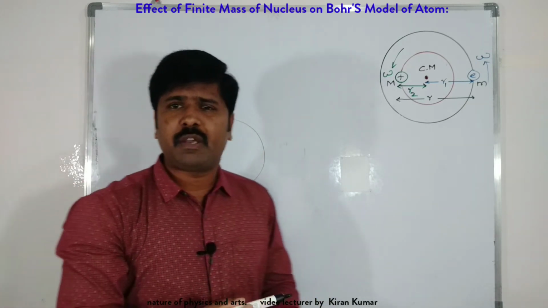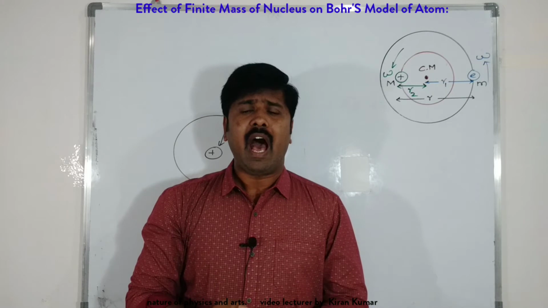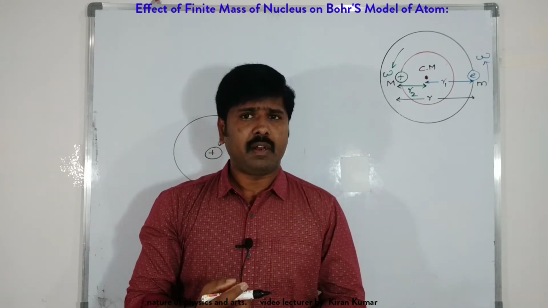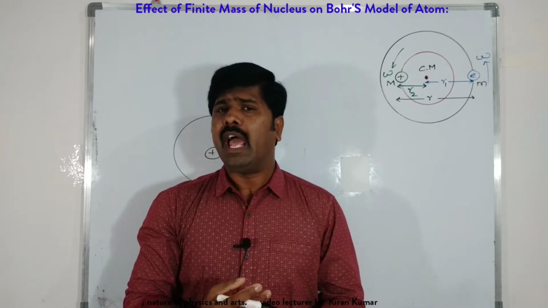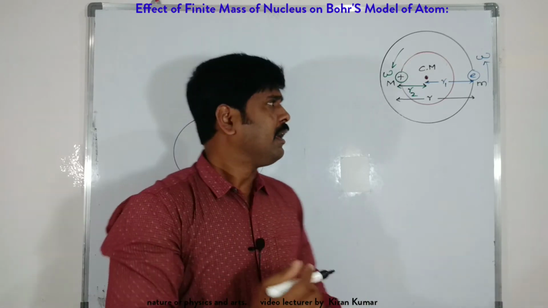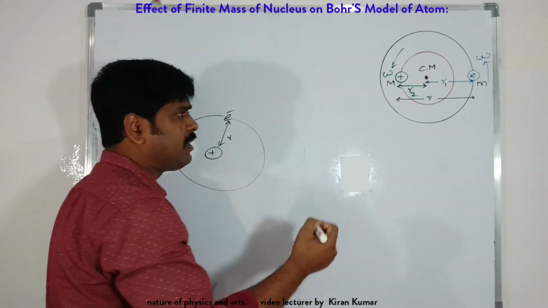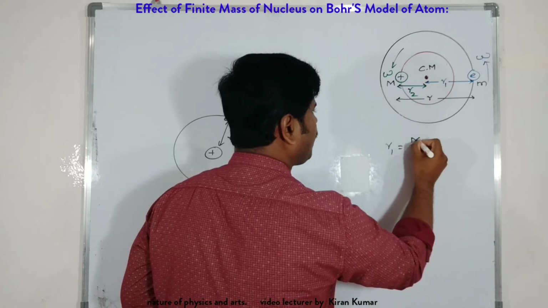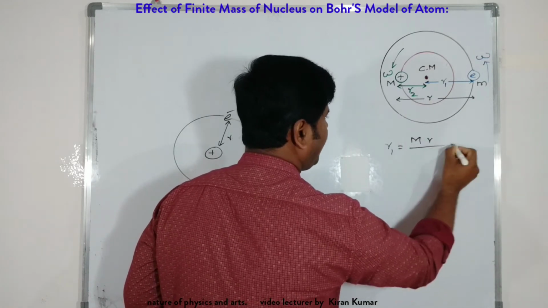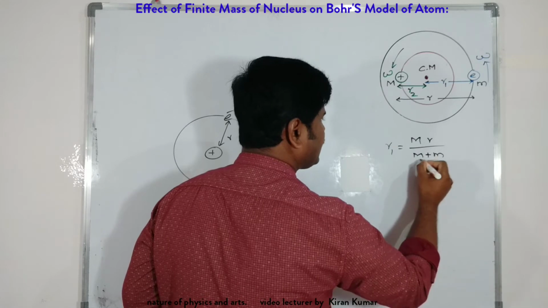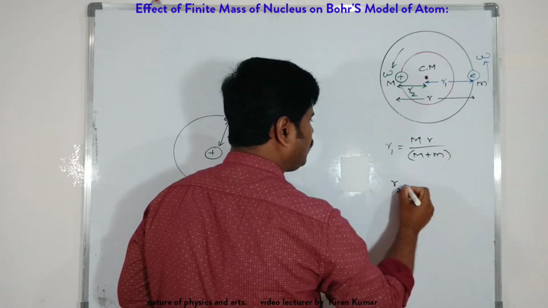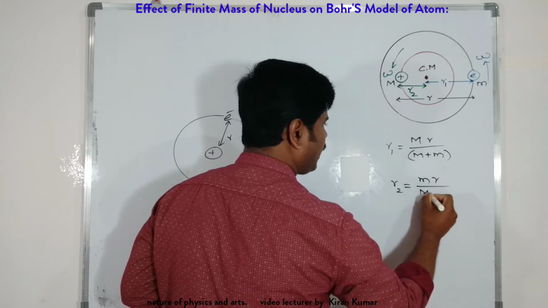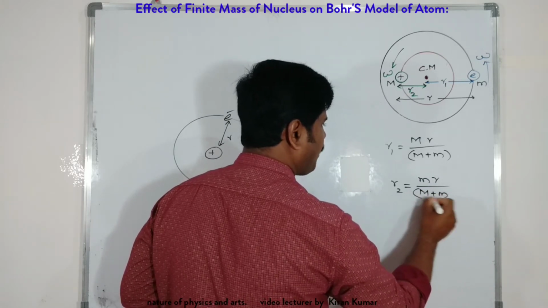So step by step we will discuss the r1 distance, the r2 distance, and also the centripetal force, which is equal to the electrostatic force. See, now initially I am considering r1 equal to capital M r divided by capital M plus small m, and r2 equal to small r divided by capital M plus small m.